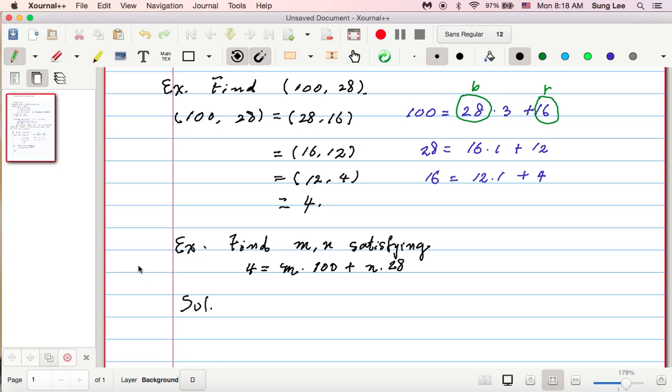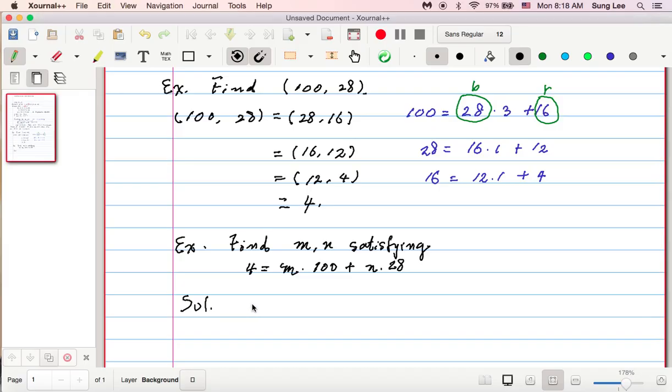Here is how we can do it. Let's focus on the things on the right side, in blue. We start with the very last one and then go backward.